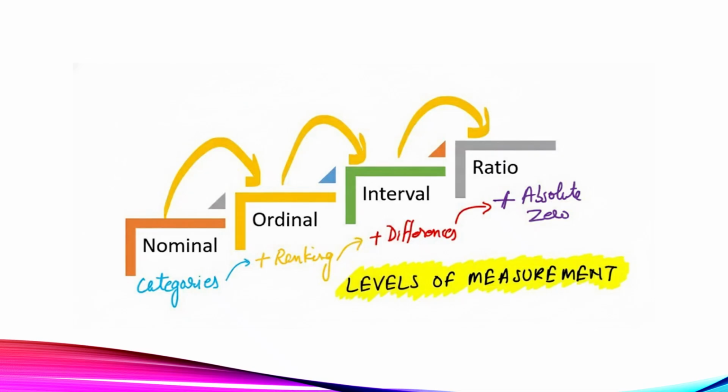It doesn't exist, or there's nothing in that value. For example, weight: if your weight is 0, that means you didn't exist at all. Or height at 0, or anything that has a 0 measurement. Like the volume of milk in milliliters or liters: if it's 0 ml, it does not exist at all. So 0 means nothing in ratio.